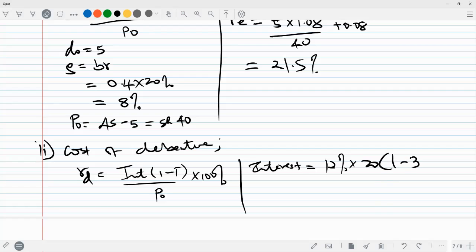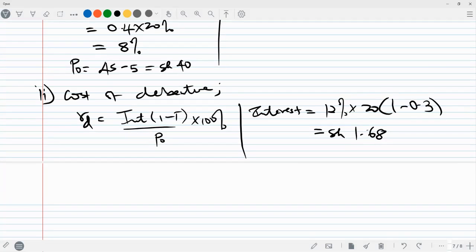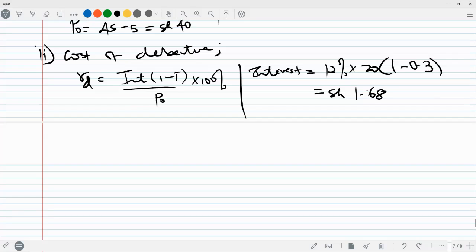The 12% is giving me the cost of the company, times 0.7, so minus 0.3, to give us how much? 1.68. Okay, 1.68. So we just use what the examiner has given us, even though we know that that is seen to be a mistake anyway.